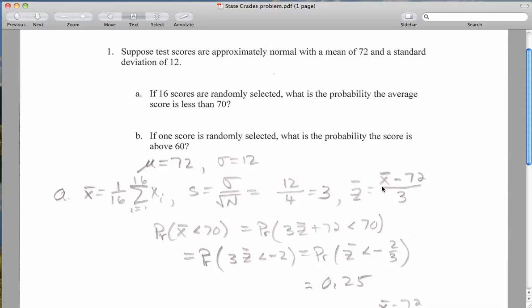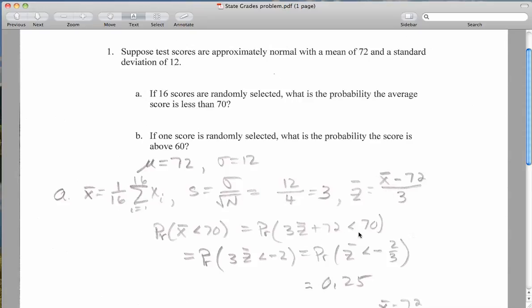And z bar is equal to x bar minus 72, the mean, divided by 3, which is the standard deviation of the sample mean. So we want to find the probability that x bar is less than 70. We substitute in place of x bar: 3z bar plus 72 is equal to x bar.